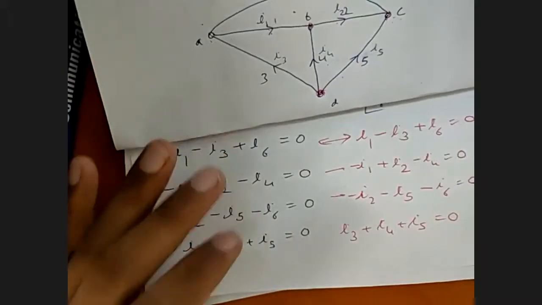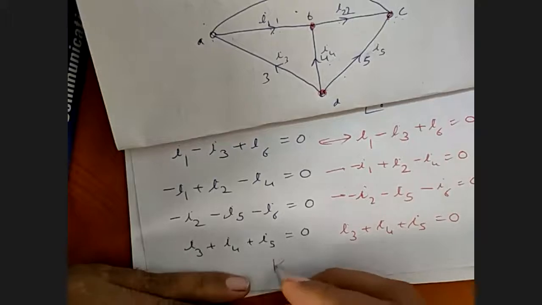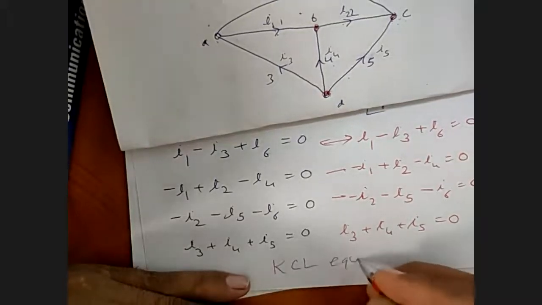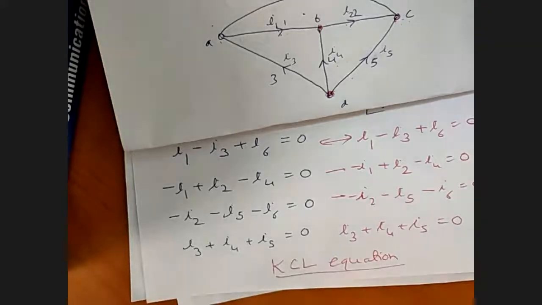That means the incident matrix is giving you your KCL equations. Clear?